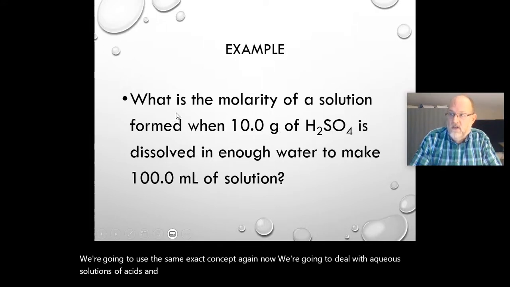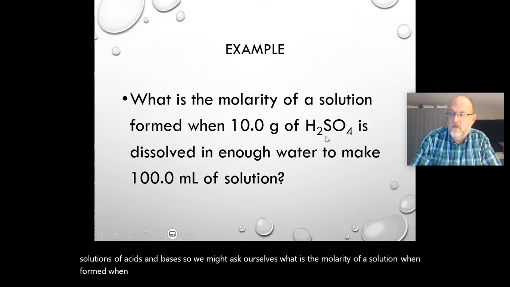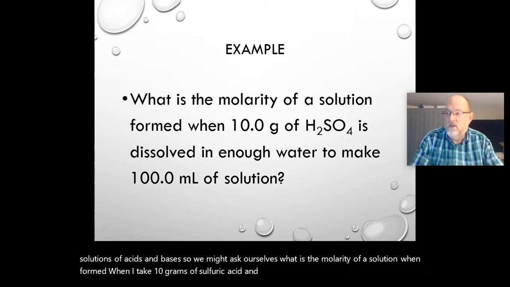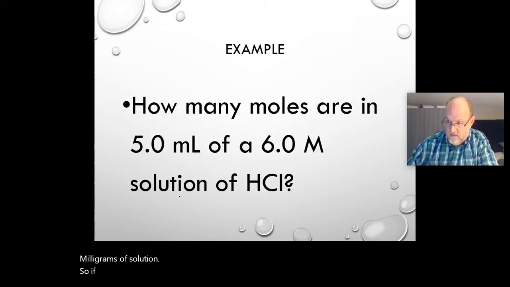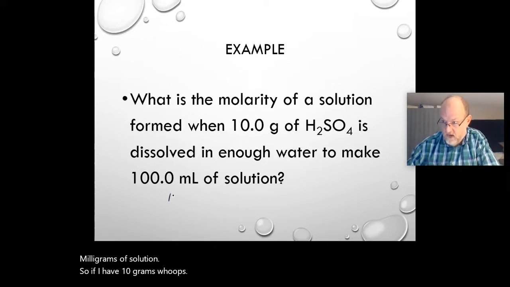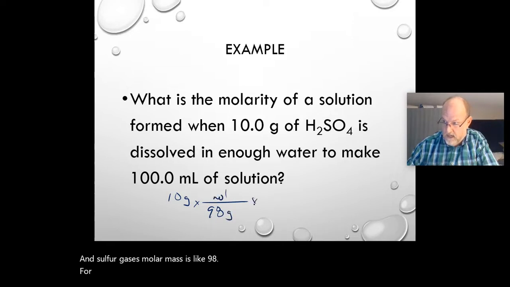So we might ask ourselves, what is the molarity of a solution formed when I take 10 grams of sulfuric acid and dissolve it in enough water to make 100 milliliters of solution? If I have 10 grams of sulfuric acid, and sulfuric acid's molar mass is about 98 grams per mole, I'm going to get a number of moles.